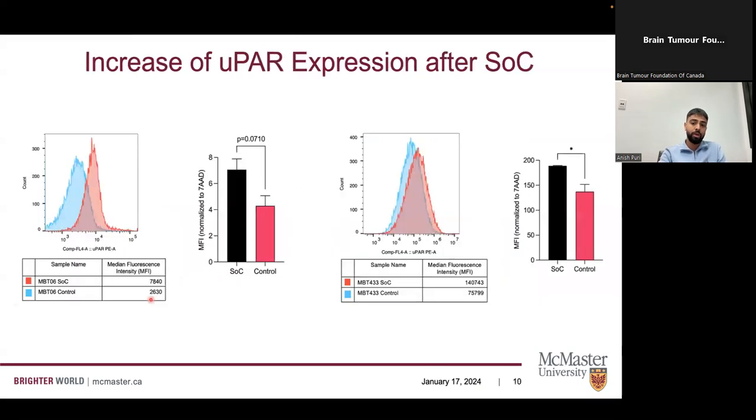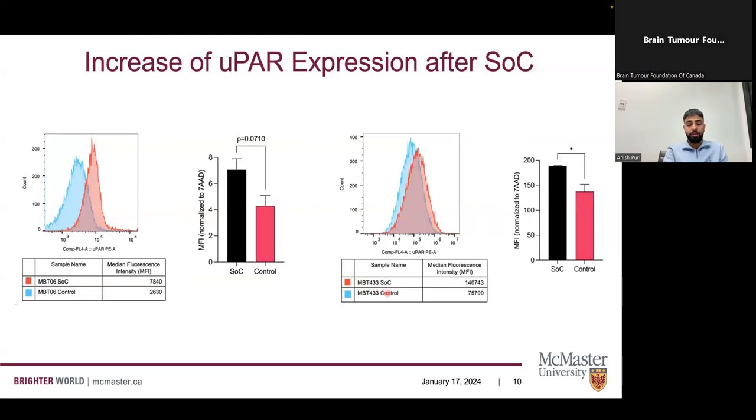standard of care. After performing the treatment on the cells and letting them recover, what we see in MBT06 and MBT433 is, in MBT06, a trend towards an increase in uPAR expression, demonstrated by the red histogram plot.